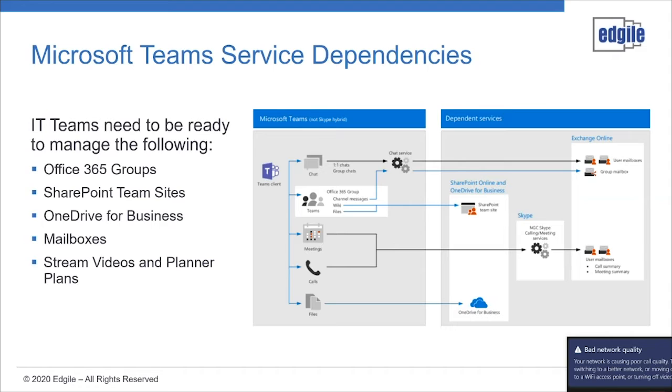So the next part on this is that there are dependencies, and these are going to be dependencies not just among the technical architecture layers, but these are also going to be dependencies between your teams that are managing Teams. So you may have one group that manages O365 groups. You may have one group that manages team sites and another that manages OneDrive for Business.